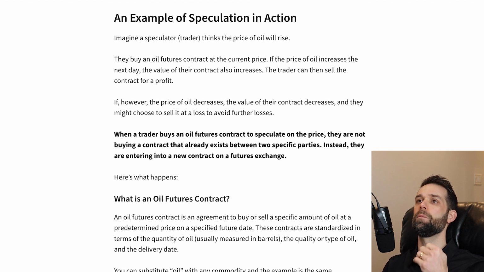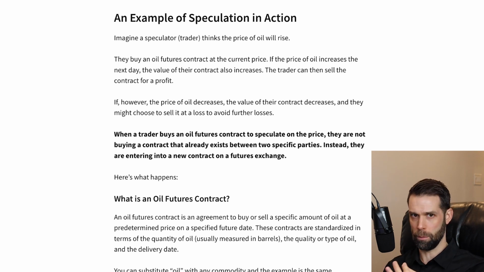So imagine you're a trader and you think the price of oil is going to go up. So you buy an oil futures contract at the current price. If the price of oil increases the next day, the value of this contract also increases, and then the trader can sell the contract for a profit that same day, or you can hold on to contracts for more than one day.